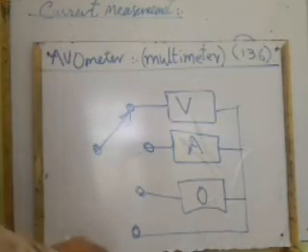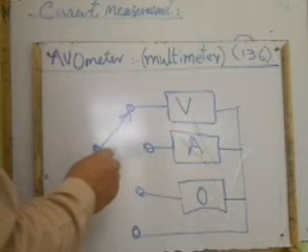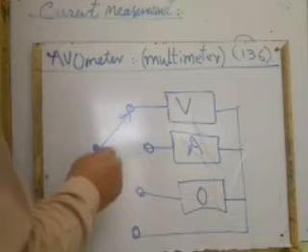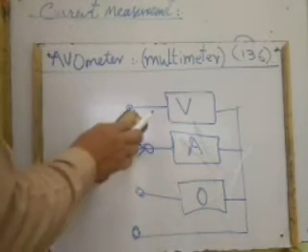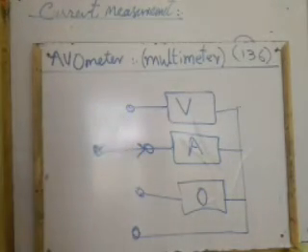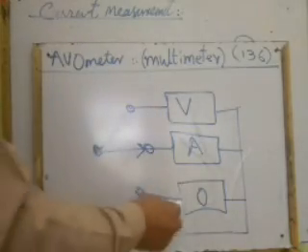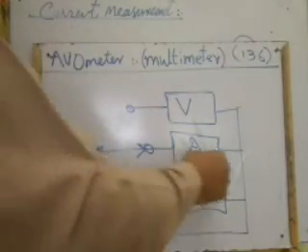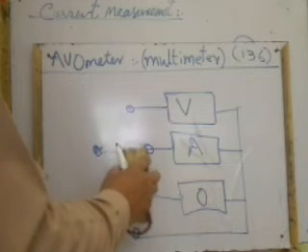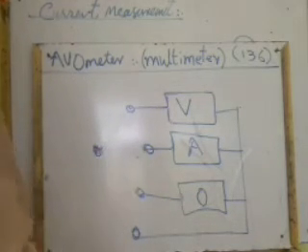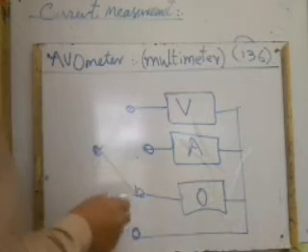Next, if we want to find the current, we will just connect this knob, this key, the second key, to the ammeter circuit, and the voltmeter circuit will be out of the whole circuit. So, in this manner, we can measure the current of the circuit. Now, if we want to measure the resistance of the circuit, we will just connect this knob to the ohm meter.